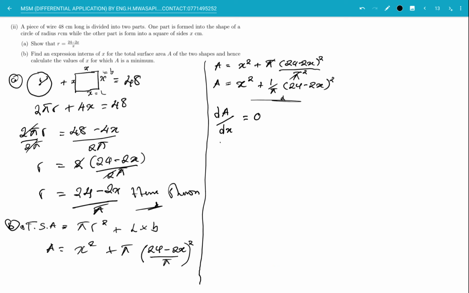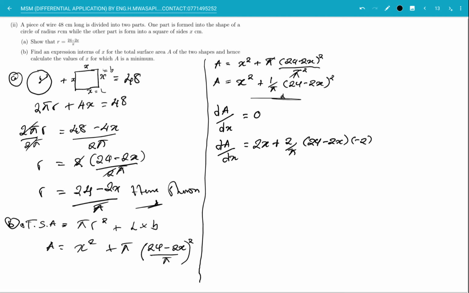So our job now is to differentiate the area function. So dA/dx is going to be equal to 2x plus, here we are going to use a bit of the chain rule to find the derivative of the second part of the area function. So 2 over pi, open brackets, 24 minus 2x, multiplied by the derivative of what's inside, which is just negative 2.